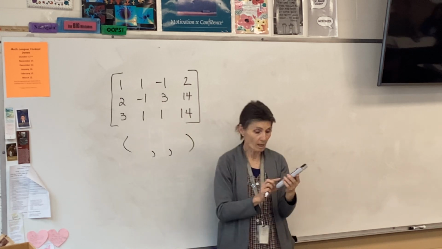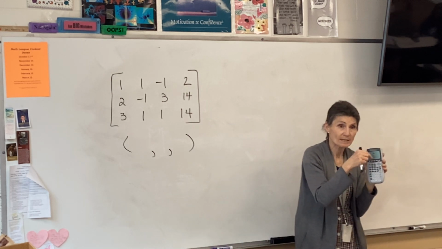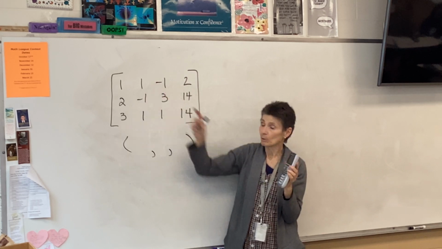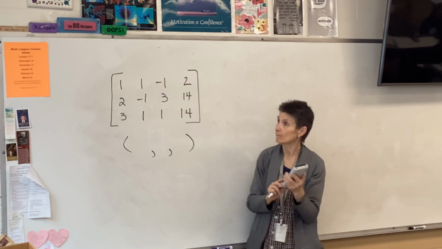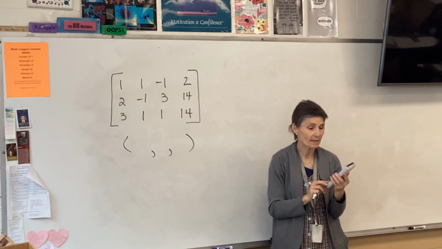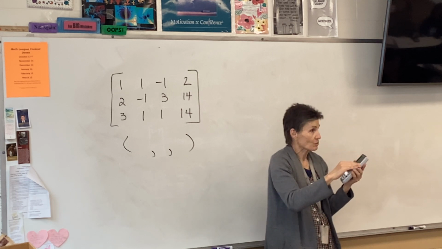So you put in 1 and press enter. Now pay attention to where the cursor is now. It's going sideways. So then you put in 1 and enter, and -1 and enter, and 2 and enter. Then what does it do? It goes down to the next row.